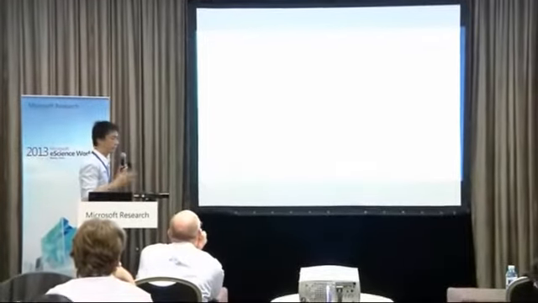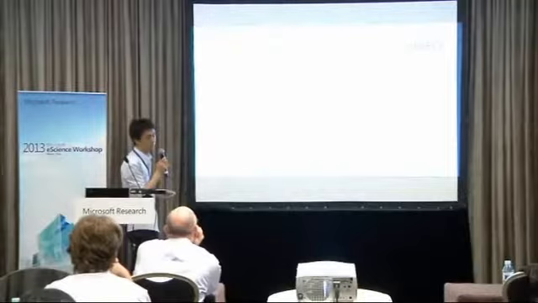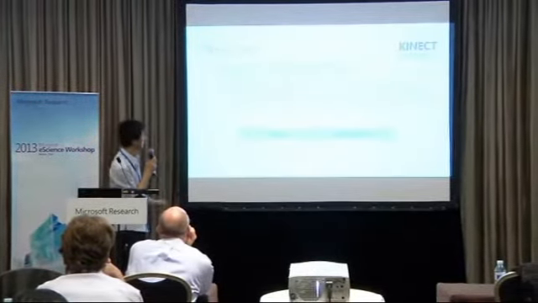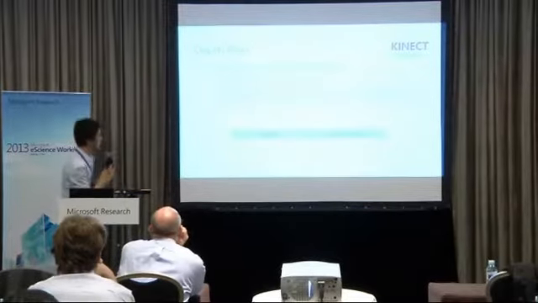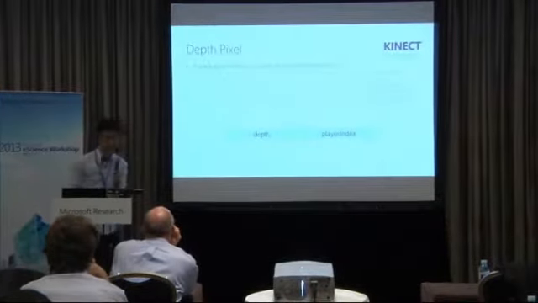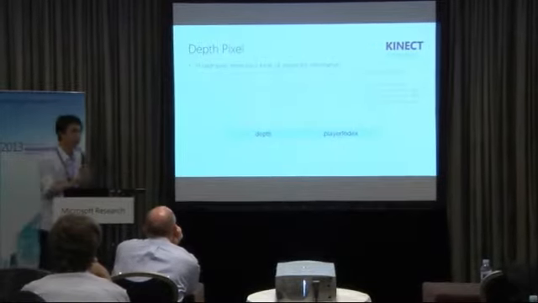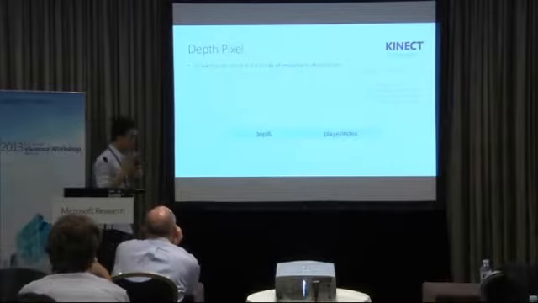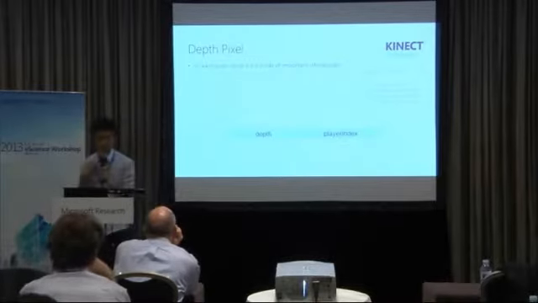In each depth pixel in the depth frame, there are 2 kinds of important information. One is the depth, which is the distance in millimeters between the sensor plane and the object. The other is the player index. If the Kinect for Windows SDK detects a player in the depth data, it will assign a player index to each pixel that belongs to this player.